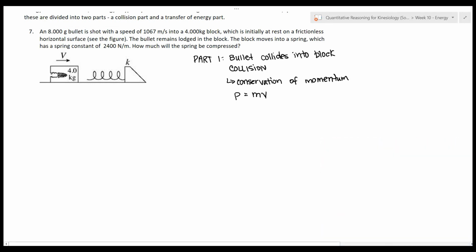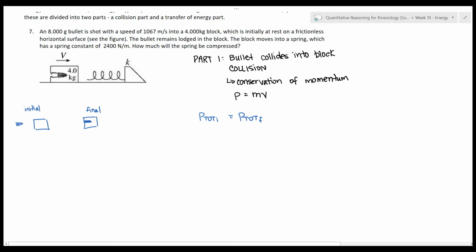So we have the total momentum initially, meaning before the bullet collides with the block, equals the total momentum final, which means after the two collide. So this is what it looks like. Initially, you have a bullet and you have a block. This is initial. And then final, the bullet has collided into the block. So here's the bullet inside the block.